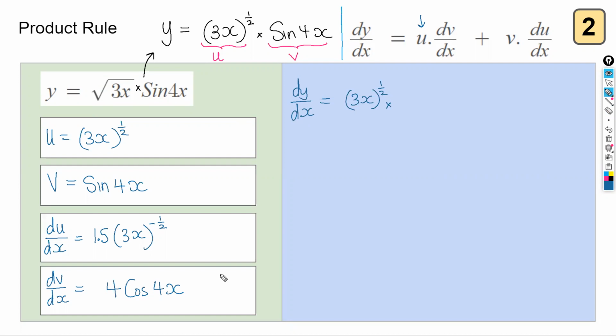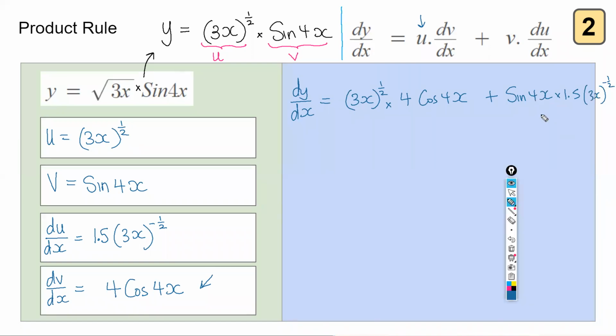Where's dv dx? dv dx is this guy here, 4 cos 4x. Put the plus sign with v. V is sine 4x. And du dx is this here, 1.5. That's now 3x, running out of space, minus a half there.